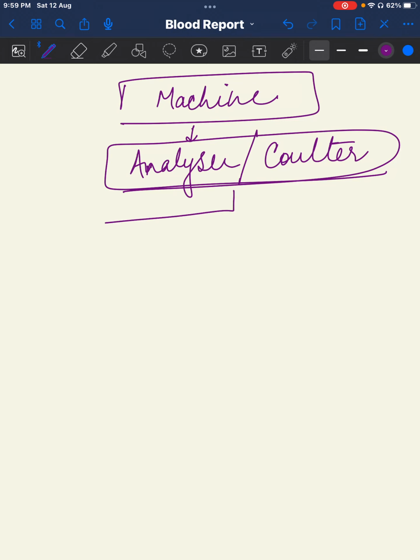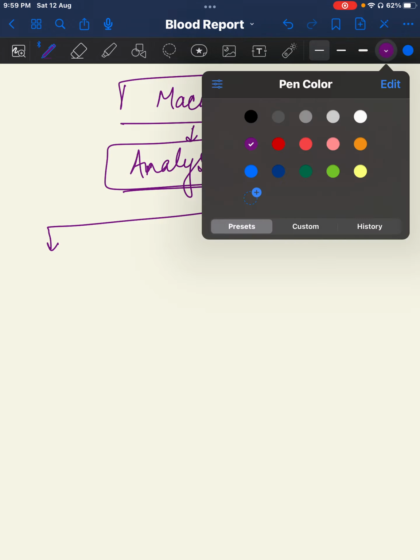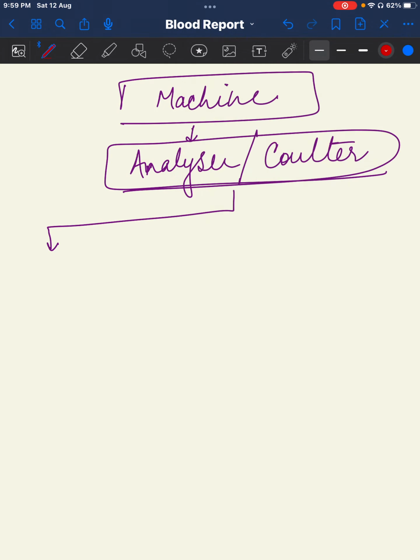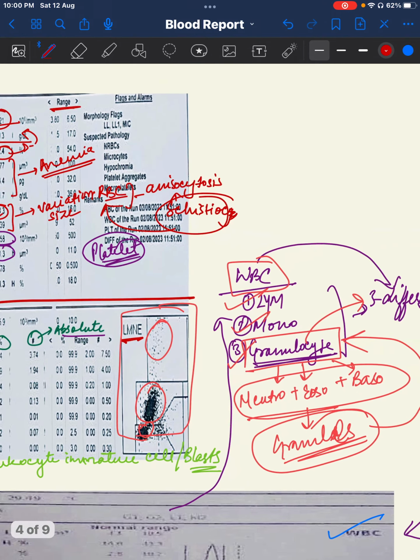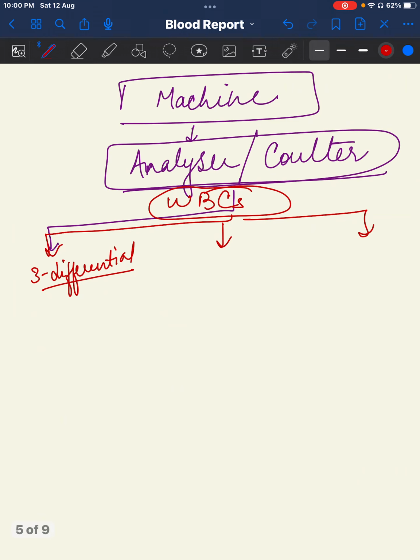If your machine is giving you, firstly, it is all about WBCs. Okay, so it is talking about all WBCs only. Okay, if your machine is giving you WBCs as such, like if it is talking about 3 differentials of WBCs, what are 3 differentials? As we talked about, as you can see here, three differentials for lymphocyte, monocyte, and granulocyte.